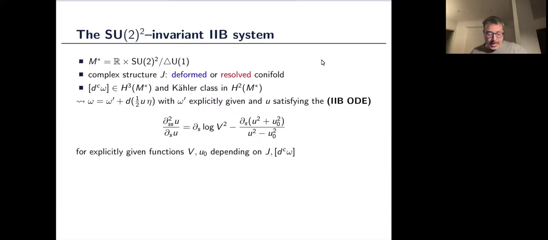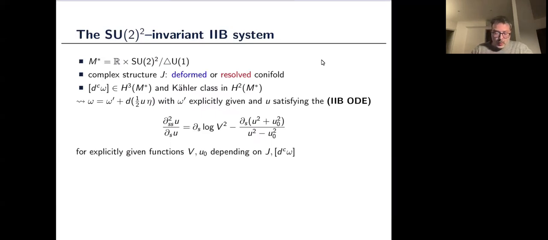This is exactly the type of homogeneous structure you get when you look at the deformed and the resolved conifold. So we have two possible complex structures, that of the deformed conifold and that of the resolved conifold that we introduced before.